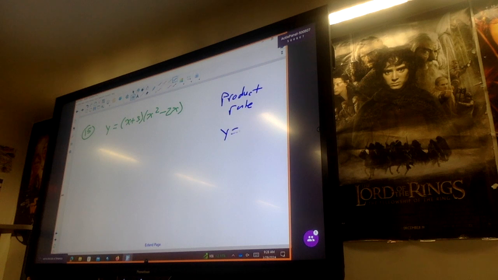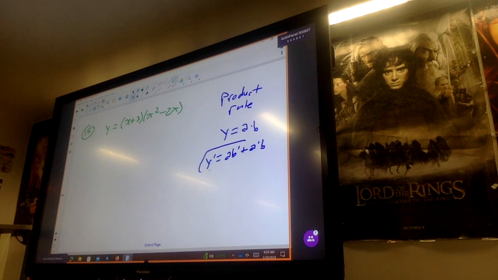If I have y equals A times B, the derivative is going to be what? Actually, I don't know. Product rule, is it A times B prime plus A prime times B, or is it flip-flop? A B prime plus A prime B. That's it. Cool. That's totally it.